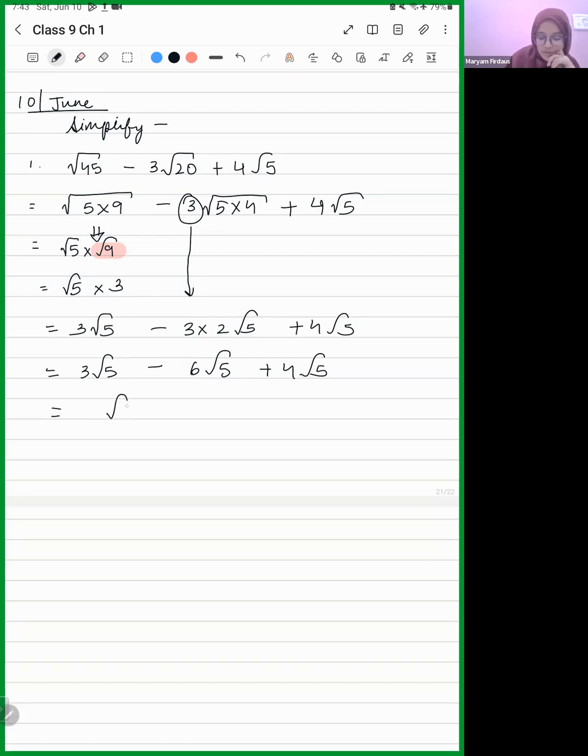Okay. Let's do a similar question. Another similar question. Okay. So we have root 24 by 8 plus root 54 by 9.